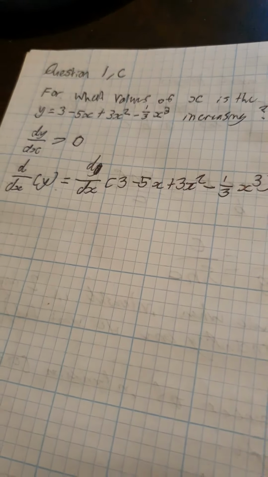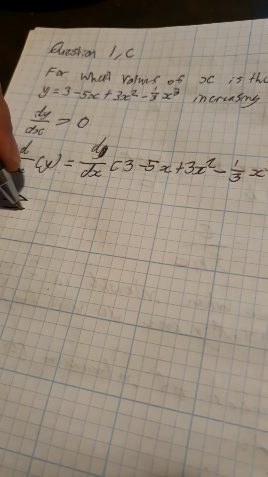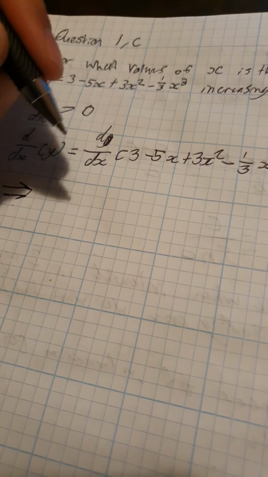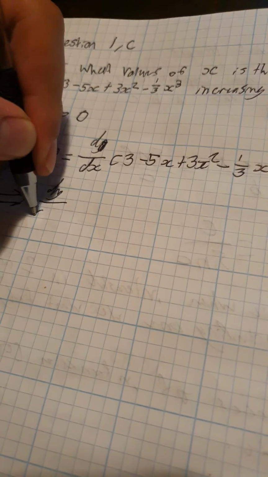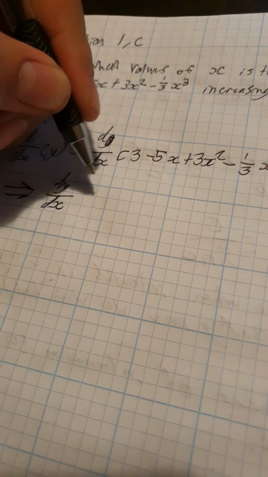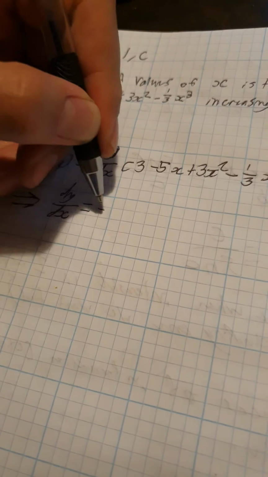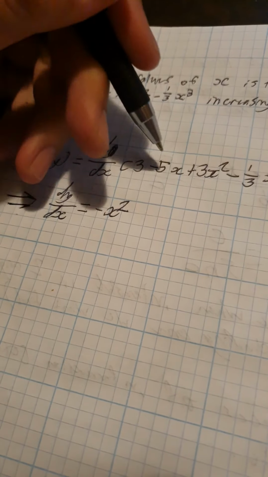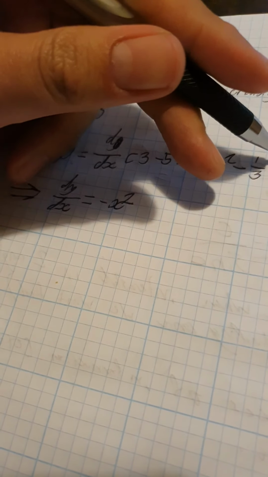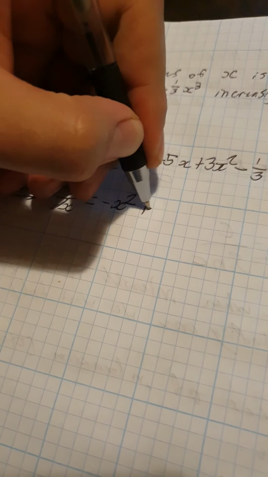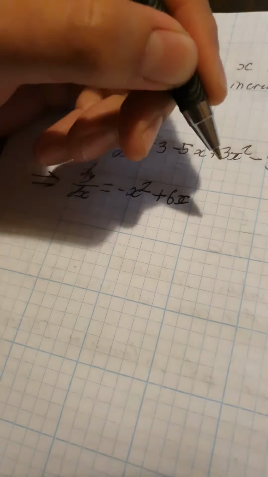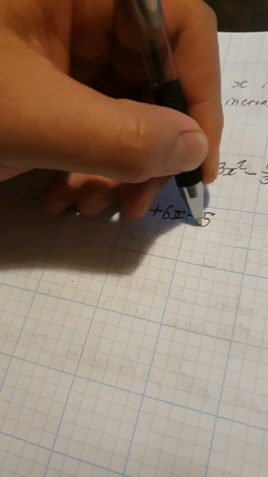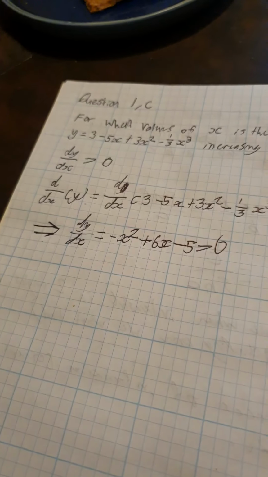Cool. Which implies that dy divided by dx equals negative x squared plus 6x take away 5, which must be greater than 0.